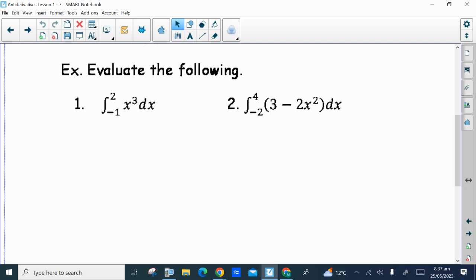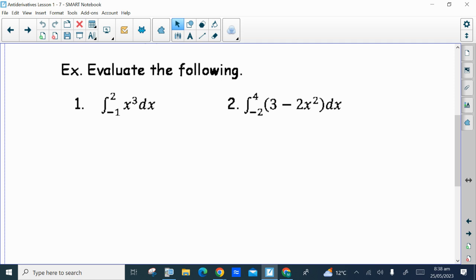So we'll look at a couple of these straightforward ones, and then we'll also get into some involving trig functions as well. And then we'll do some more examples with the substitution rule. But we don't need that for question 1.